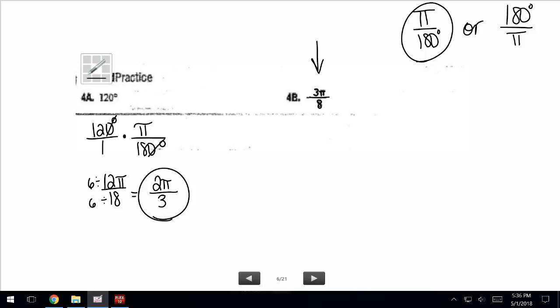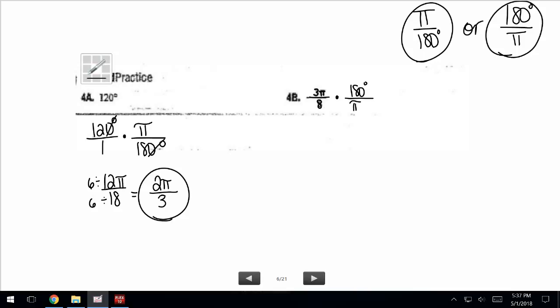Okay, so let's look at our 4b. This one's already a fraction, and it already has a pi. So I need to get that pi to cancel. If it's on the top of the fraction, it goes on the bottom of the fraction to cancel it. So the only one that's got a pi on the bottom is this one. That means 180 goes on the top.